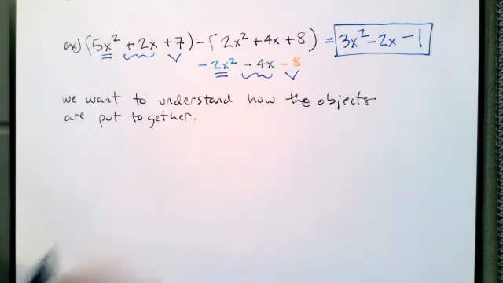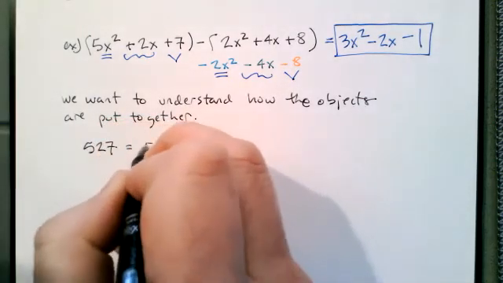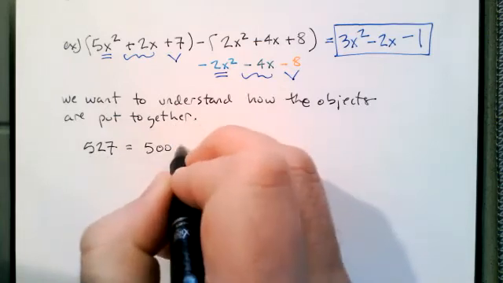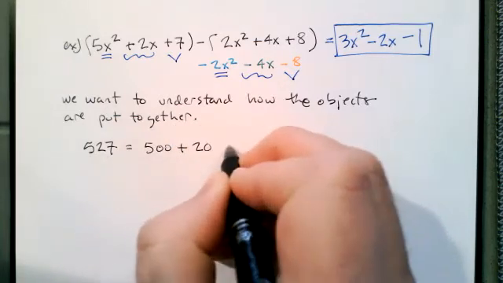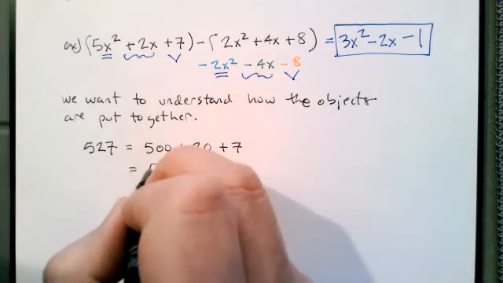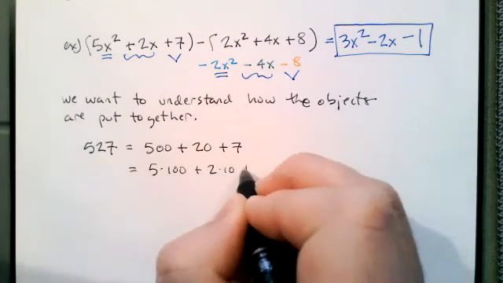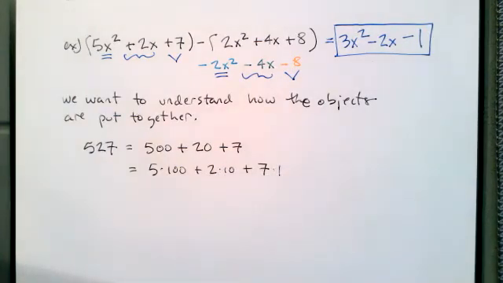The number 527 is 5 of these 100s plus 2 10s plus 7 1s. That's 5 hundreds plus 2 10s plus 7 1s.